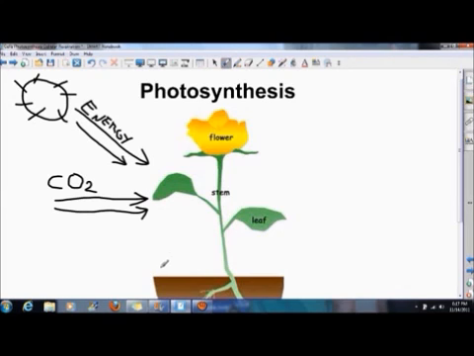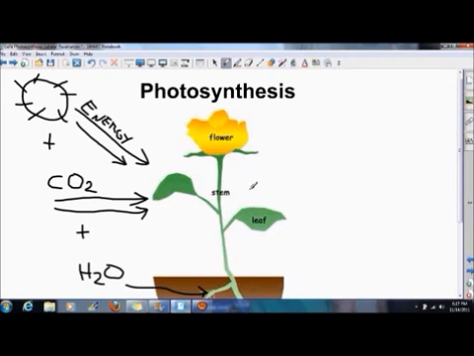The plant also needs to take in water. Obviously, it's going to get water, which we're going to call H2O, from the ground. It should come in through its roots. Now we need to put some plus signs in between. So energy plus carbon dioxide plus water goes into the cell, and in turn, the cell is able to make glucose.